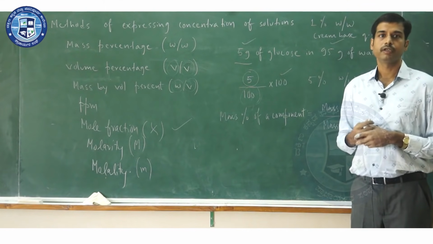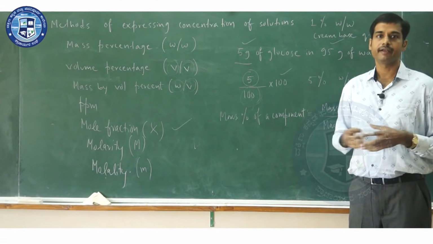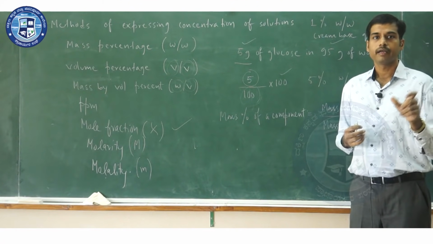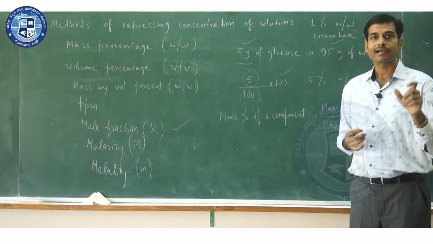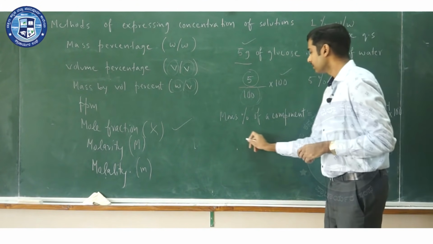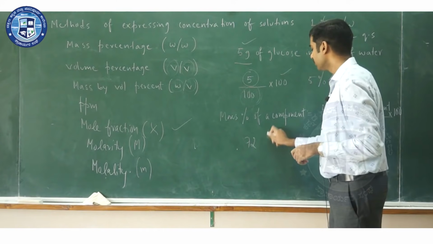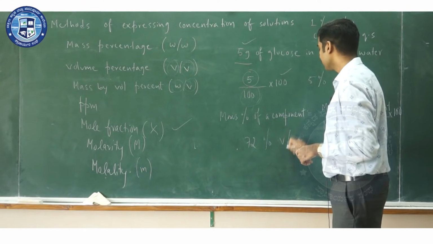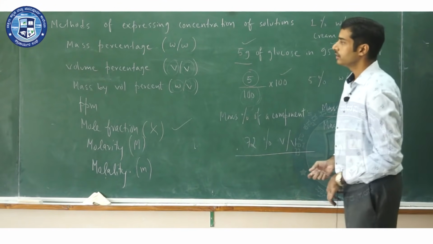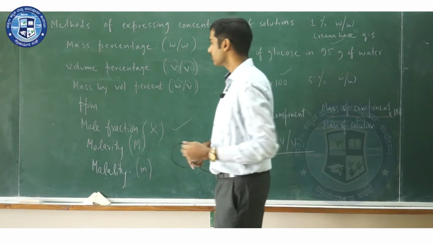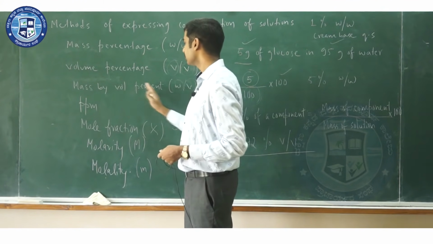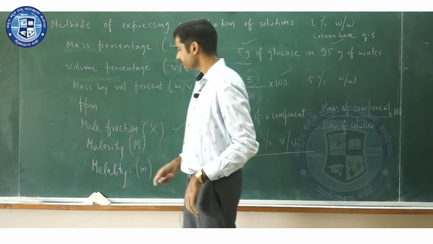Hygiene of the hands is maintained by using hand sanitizers, and they will tell you that this is an alcohol based hand sanitizer, and if you have read the labels, they will tell you that it contains 72% of alcohol by volume. So even in many of the medicinal applications or medicines, you have mass by volume percentage also.